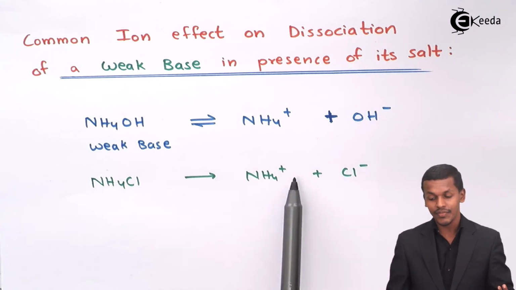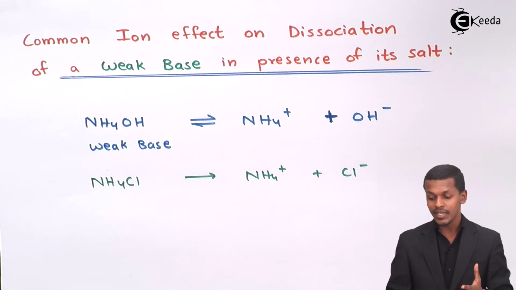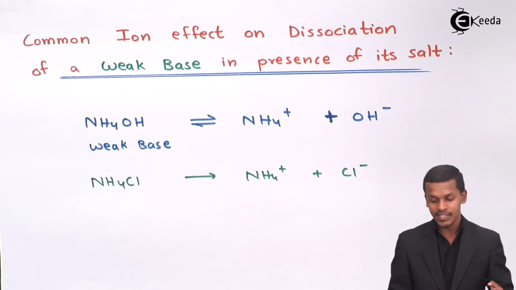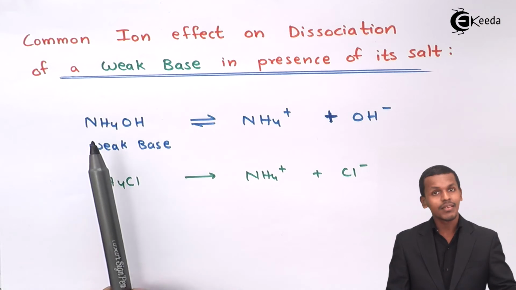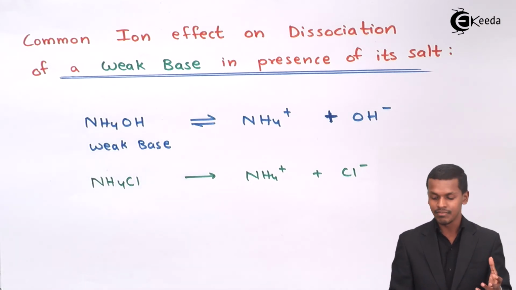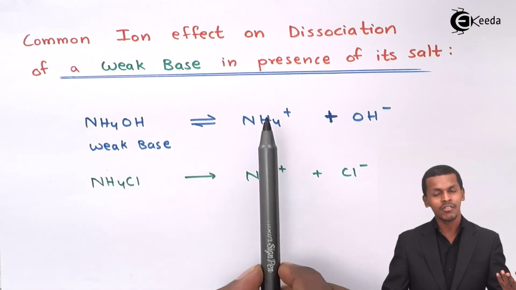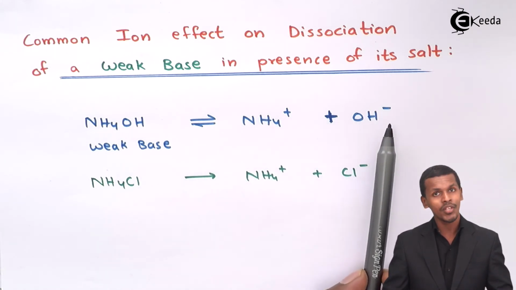Since the salt dissociates completely, in the solution we have not only a weak base which has dissociated incompletely, but also the concentration of NH4 plus along with OH minus and Cl minus.